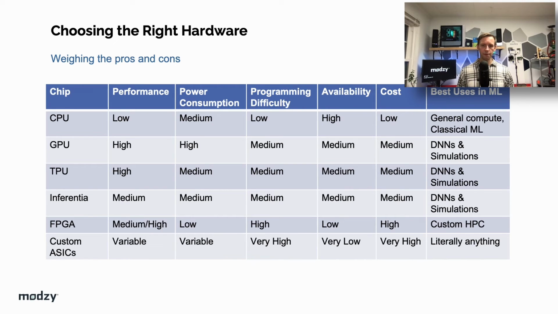But if you're trying to create models to simulate or interpret human behavior, probably not a great option, because those models are going to have to change so fast. You're going to spend a lot of your time optimizing and rebuilding your FPGA. The same would be true with custom ASICs. So be really sparing with the use of those two more custom options unless you feel you have a solid understanding of the world in which your model is going to be performing.